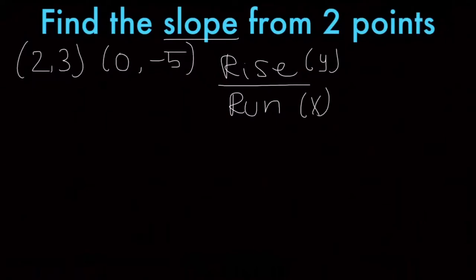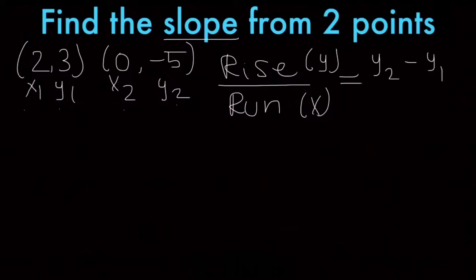Since we know this point is, say, x1, y1, and this is x2, y2, we can find a rise from these two and a run from these two. So this formula, rise over run, is the same as saying y2 minus y1 to find the rise, and x2 minus x1 to find the run.